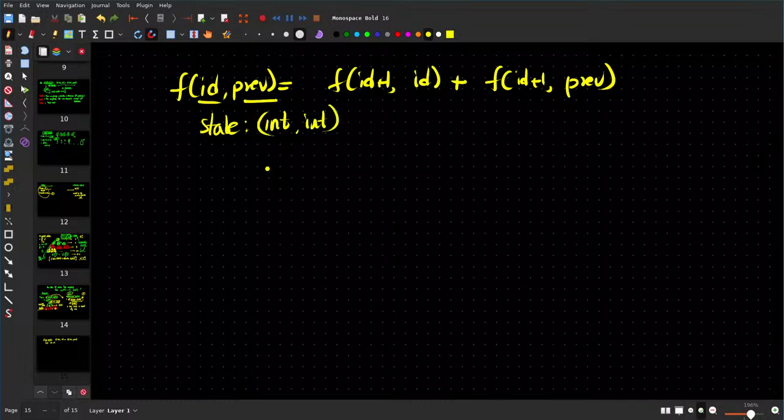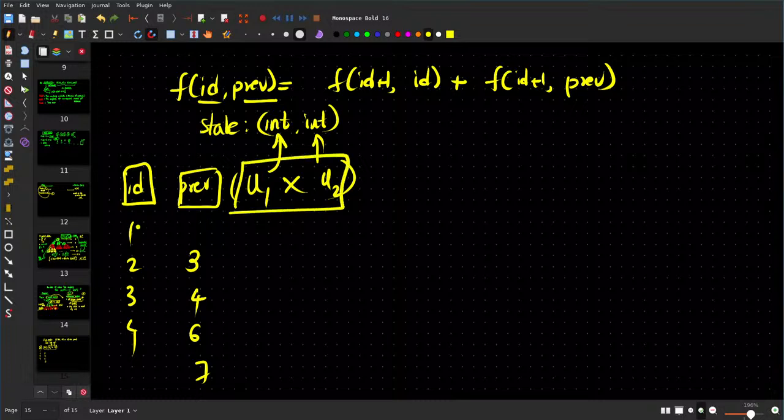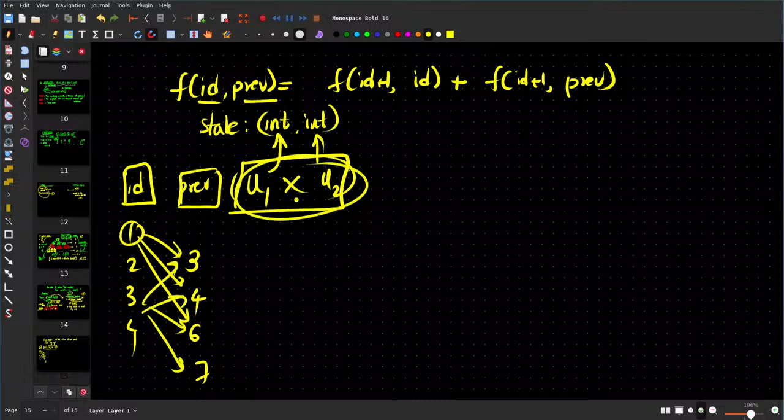Hence the number of unique states would be the number of unique values that the first takes, let's say u1, multiplied by the values that this takes. There is multiplication because, let's say, there are these values that id can take and previous can take, this is 3, 4, 6, 7. Then collectively they will take a cross mapping between each value and every other value, resulting in this product.